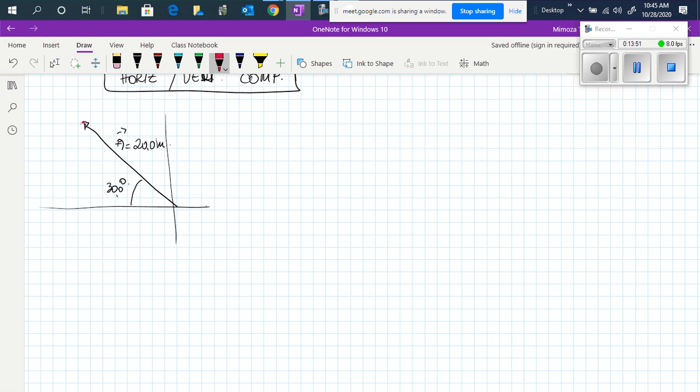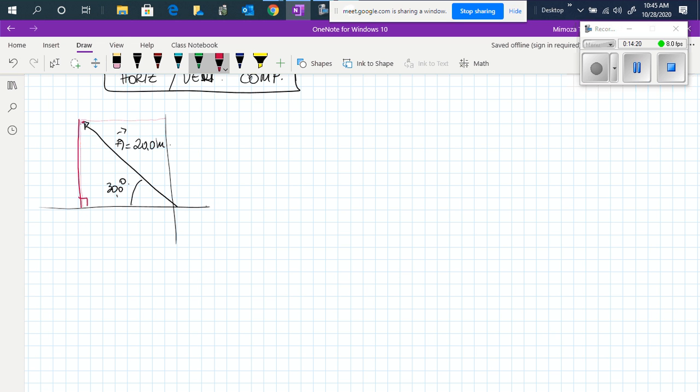You have two options to create a right angle triangle: one is to go to the north axis, and the other is to go to the west axis. I say to create a right angle triangle that includes the given angle because it is easier and you don't do extra calculations. So the right angle triangle will be this one here.